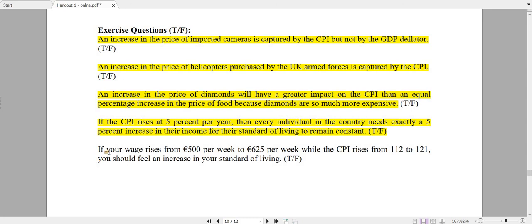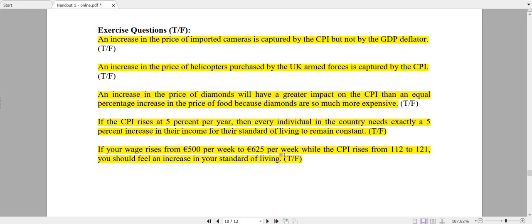Now coming to the last statement, if your wages rise by 500 per week to €625 per week, while CPI rises from 112 to 121, you should feel an increase in your standard of living. Now, in order to answer this question, you would first have to calculate the percentage increase in wages.